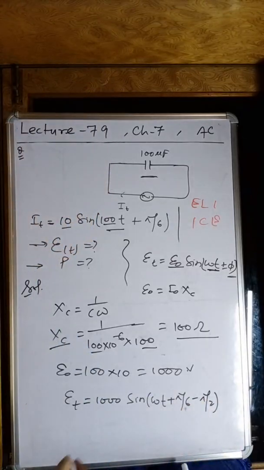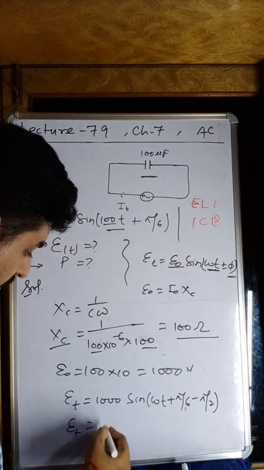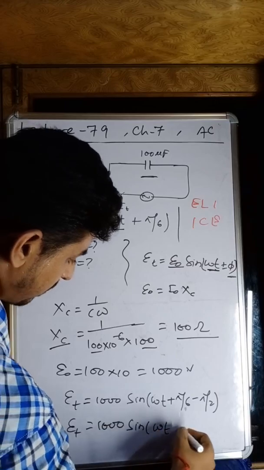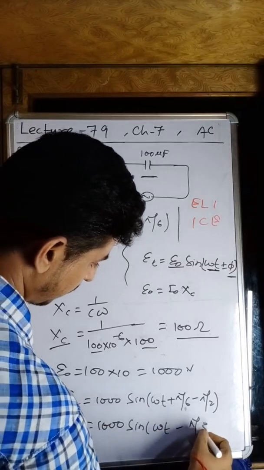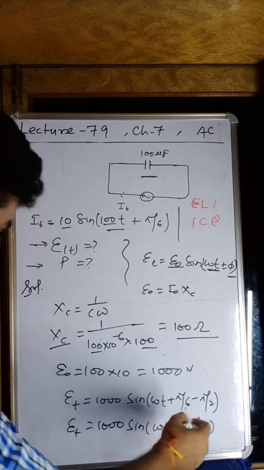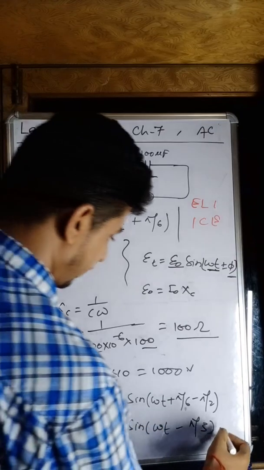Then the equation becomes 1000 sin(omega t minus pi by 3). Am I right? Kindly check my calculation. Yes, it is pi by 3, and this is the answer.